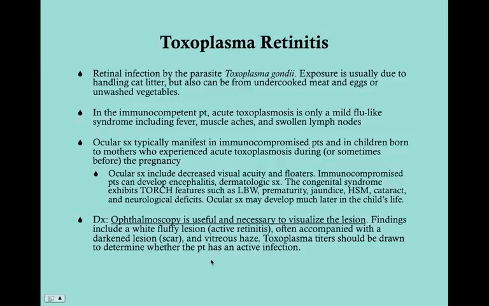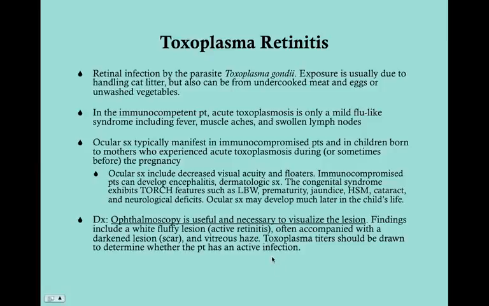So you'll see these white fluffy lesions with these scars, and these scars are usually a little bit darkened, kind of grayish, blackish, greenish in color. And then there may be vitreous haze, and that haze is just debris in the vitreous fluid.